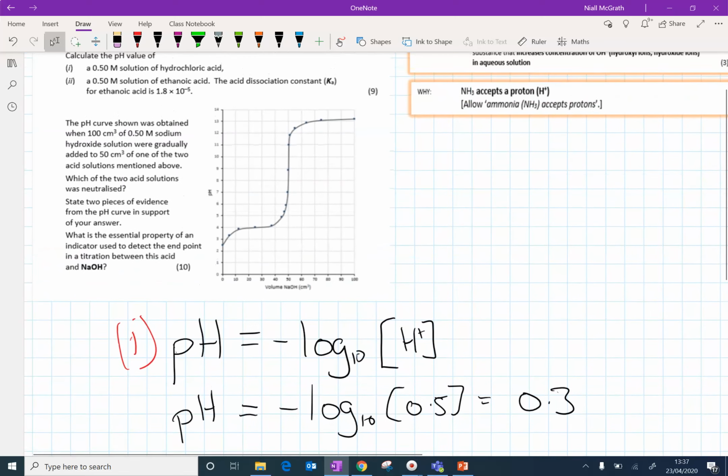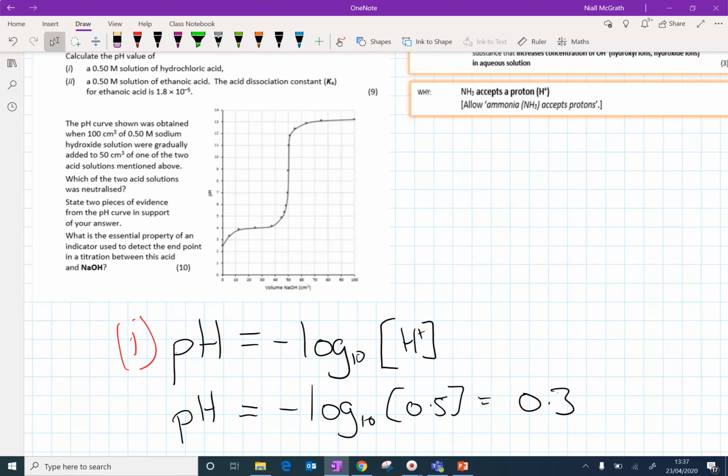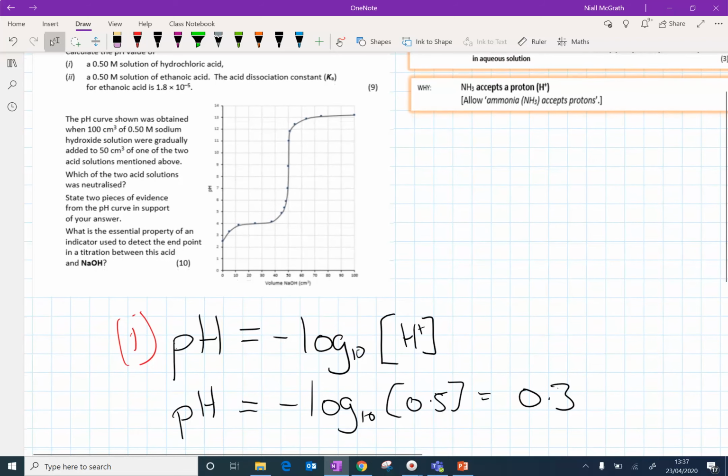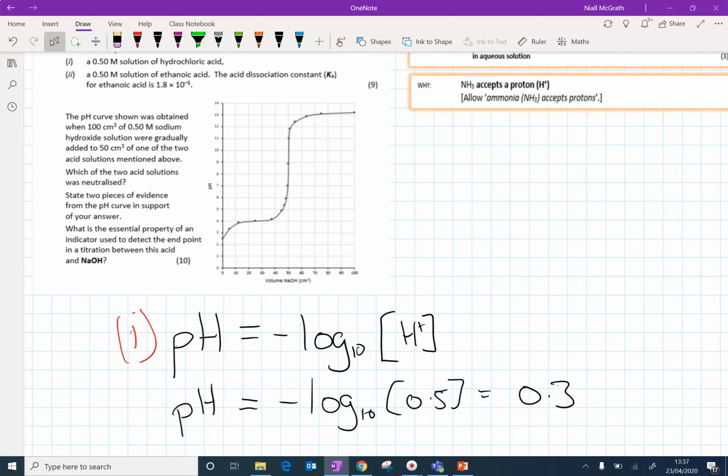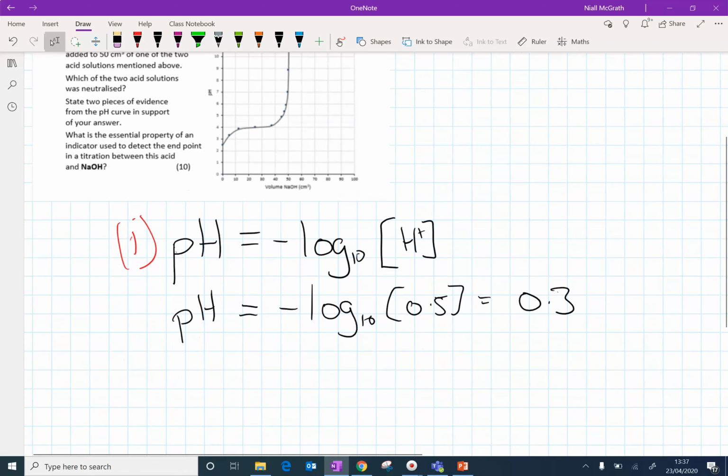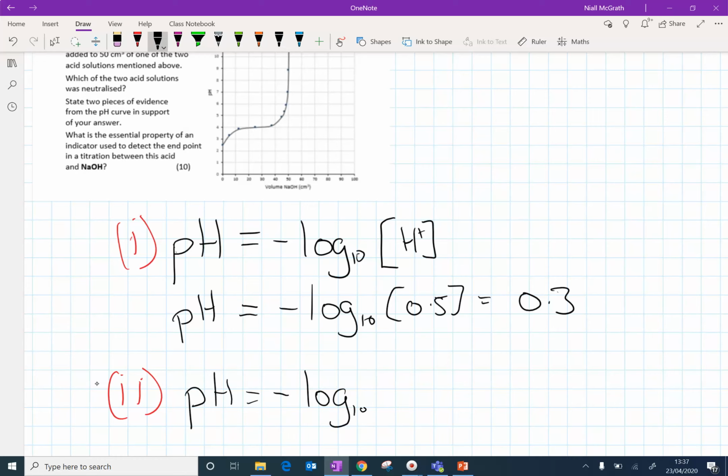Then for ethanoic acid, it gives us the acid dissociation constant, Ka, because ethanoic acid is a weak acid. We use a slightly different formula when we are looking for the pH of a weak acid. The formula that we use will be pH is equal to minus log of the square root of the dissociation constant multiplied by the concentration of the acid.